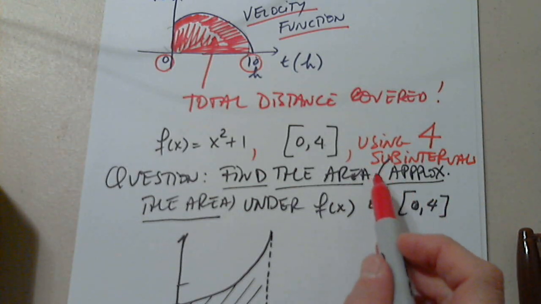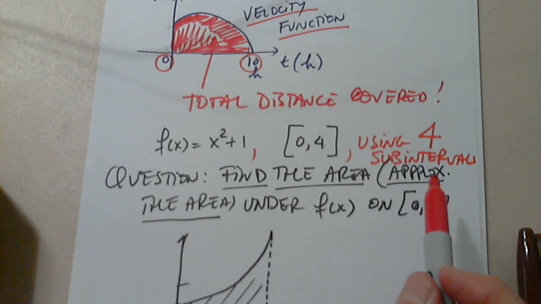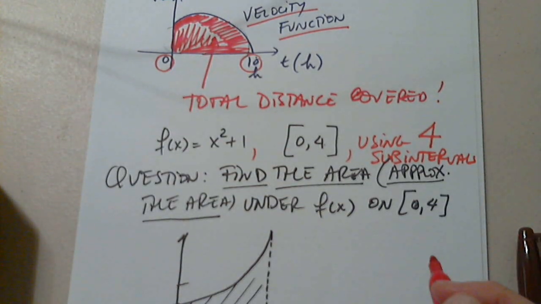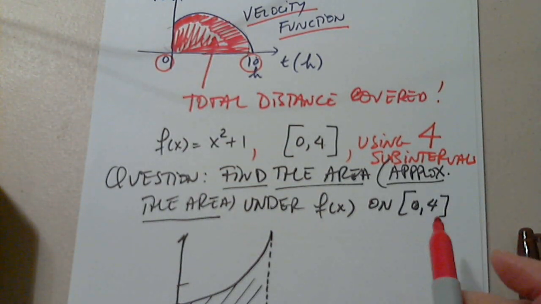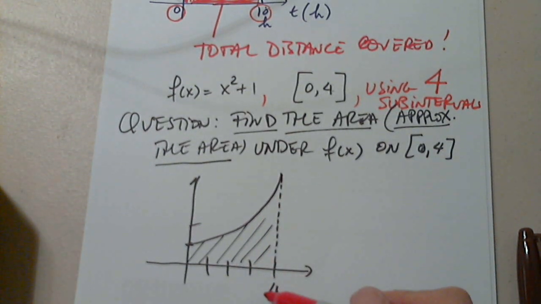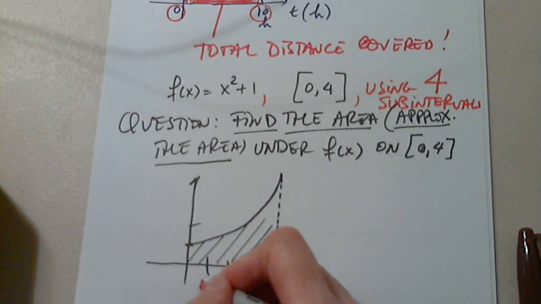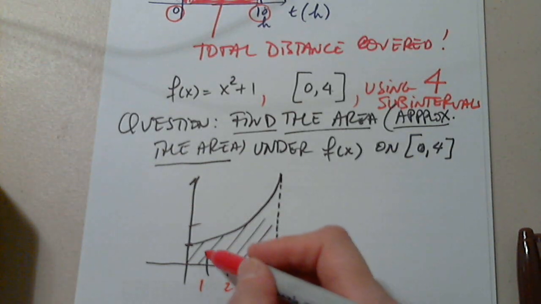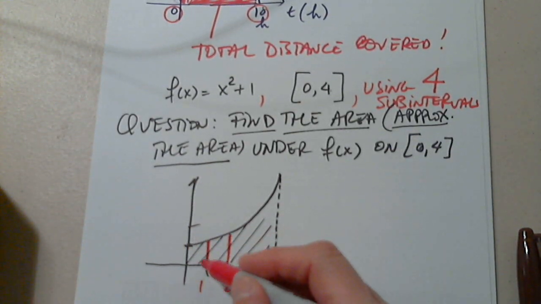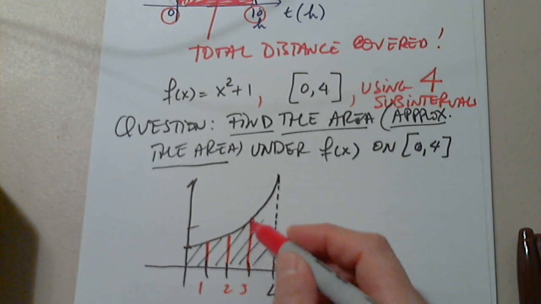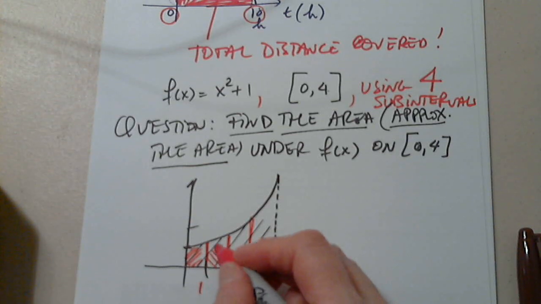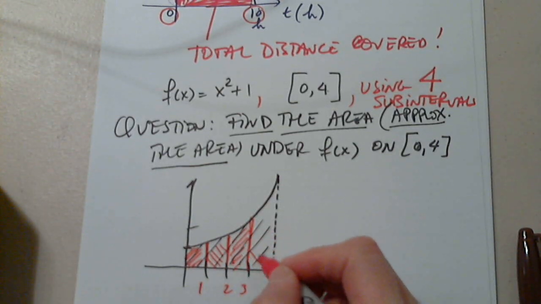If you don't like the words subintervals or partitions, you just use pieces. Okay? Subintervals. They have to be equal in width. 1, 2, 3. So this is my first piece. Here's my second piece. Here's my third piece. And here's my fourth piece.